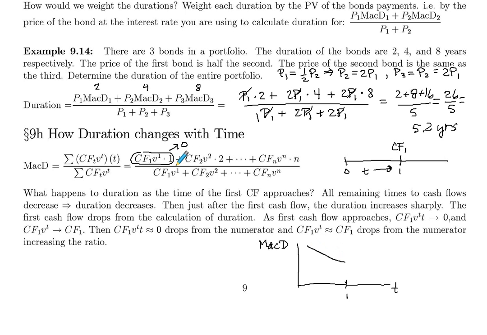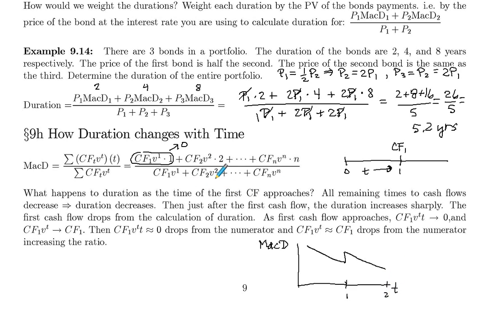Okay, the numerator and the denominator are both decreasing, but the numerator is decreasing a little bit faster. But then at time 1, when that cash flow in the denominator drops off, because once that cash flow is made, then it's no longer needed to calculate the present value of the remaining cash flows, Macaulay duration is going to jump up. And then it's going to start this long decrease again until the time of the next cash flow.